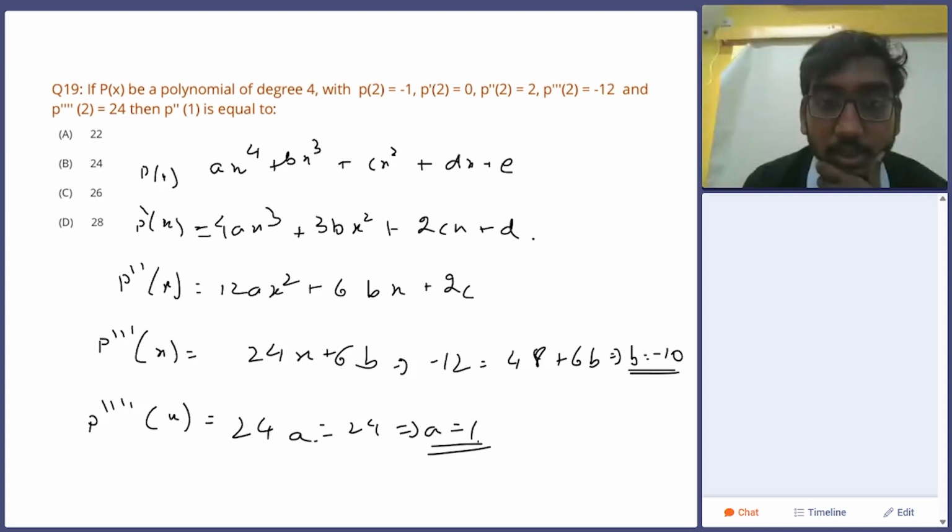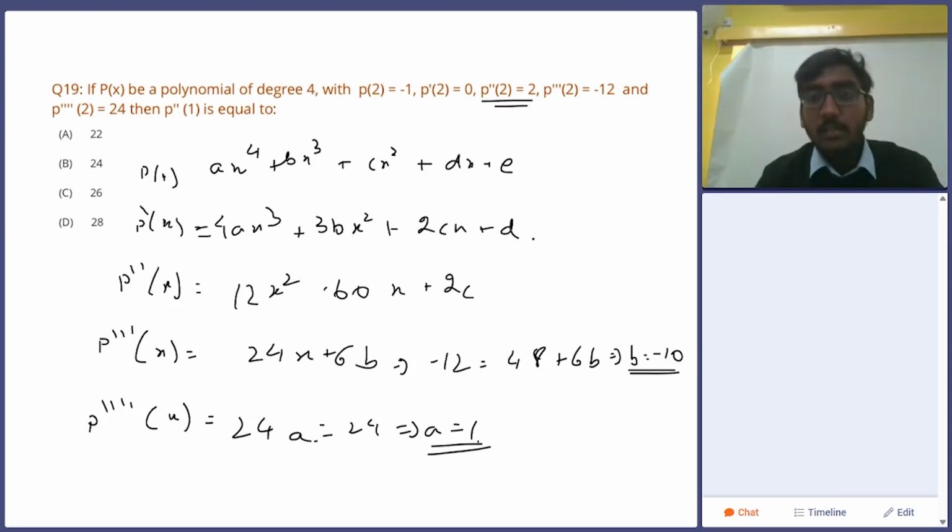Minus 10 and 1. So 6 into minus 10 will be minus 60. And 12 is the same as 12, because a is 1.